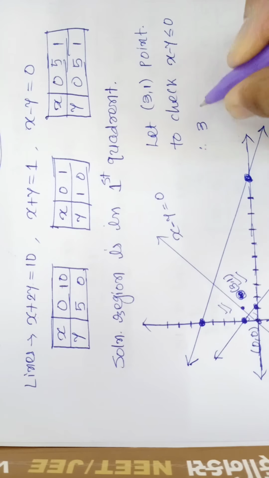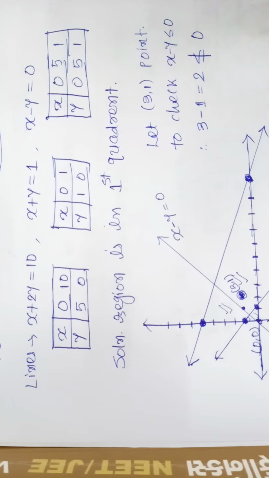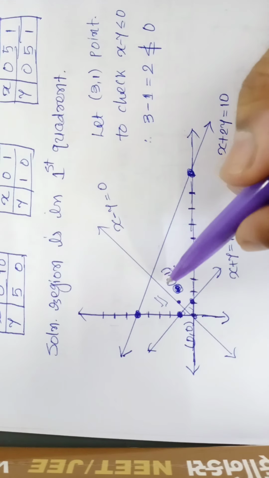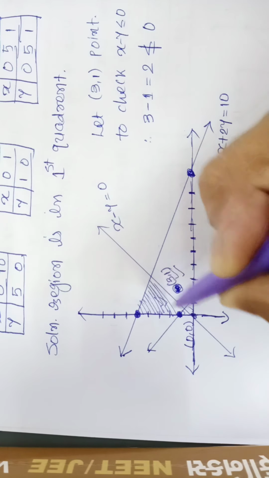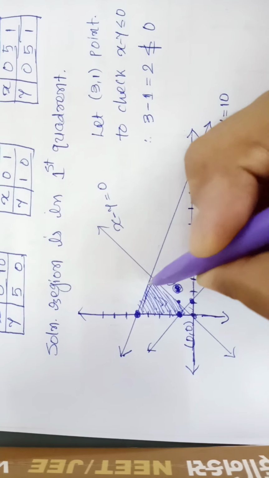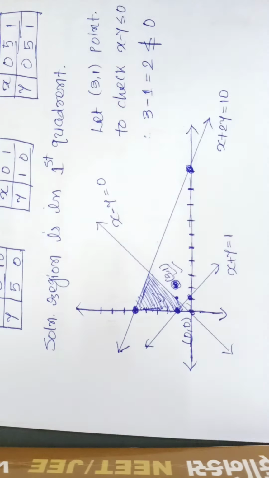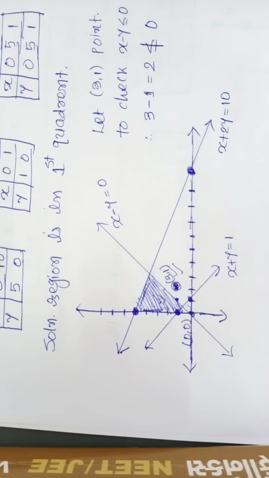So 3 minus 1 is 2, and 2 less than or equal to 0 is not possible. So therefore our solution region is where? The solution region is this. It means this is the portion not including 3, 1. This region is the solution.